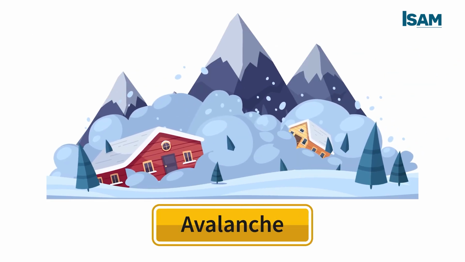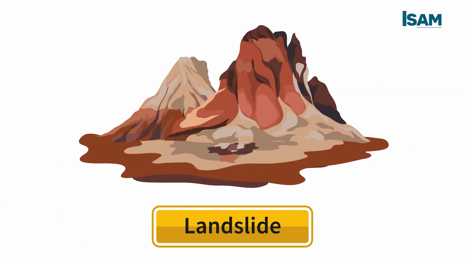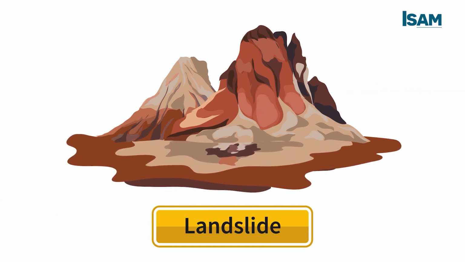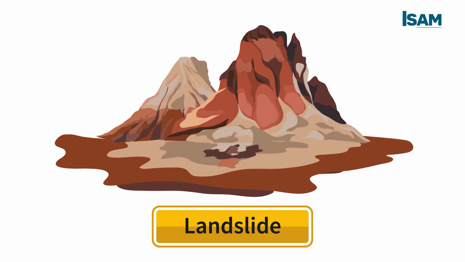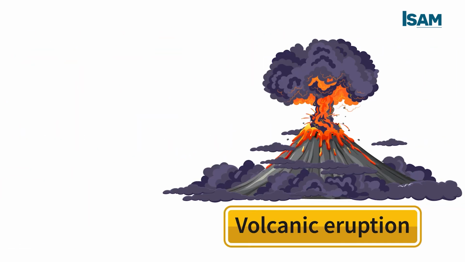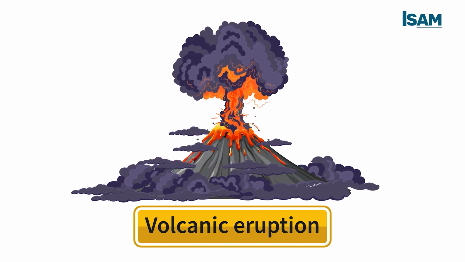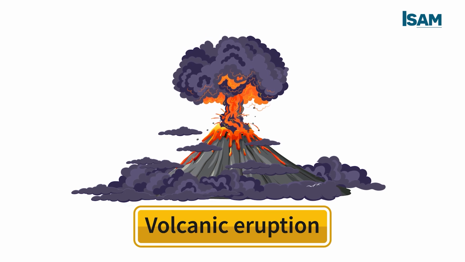Avalanche, when a lot of snow falls down the side of a mountain. Landslide, when soil, rocks, and/or mud fall down the side of a hill or mountain. Volcanic eruption, when the volcano explodes.